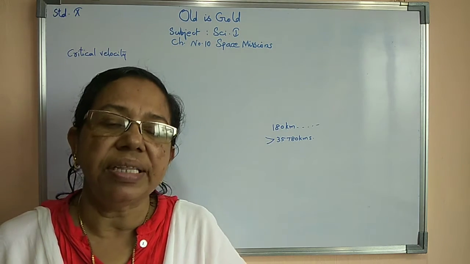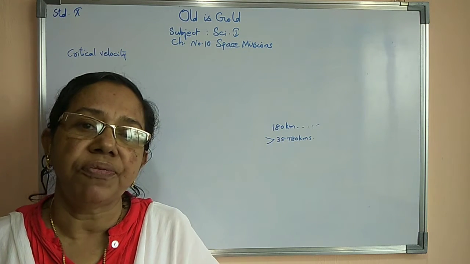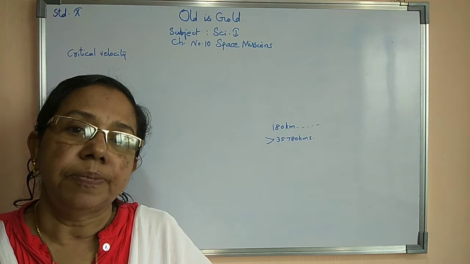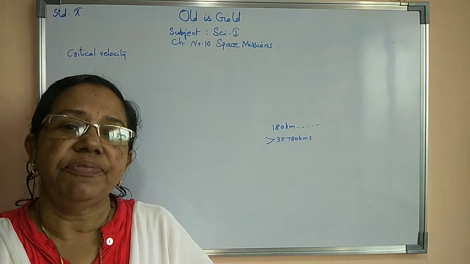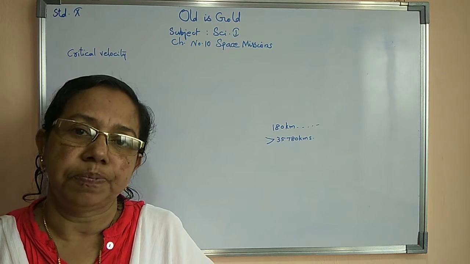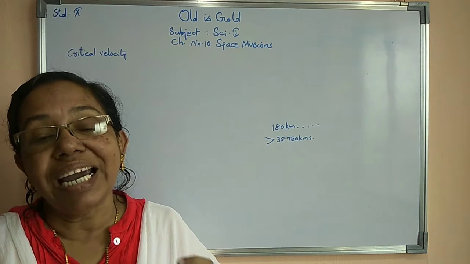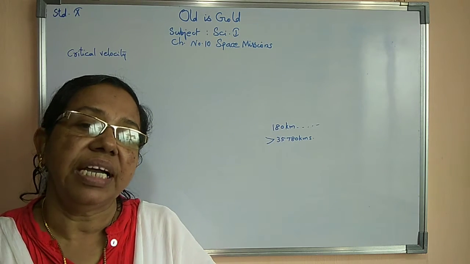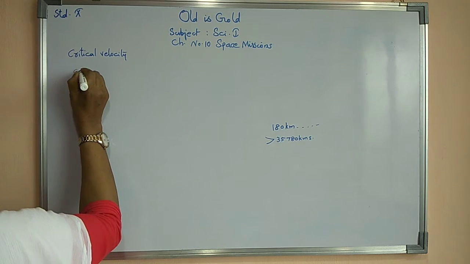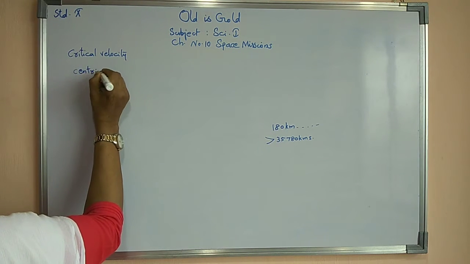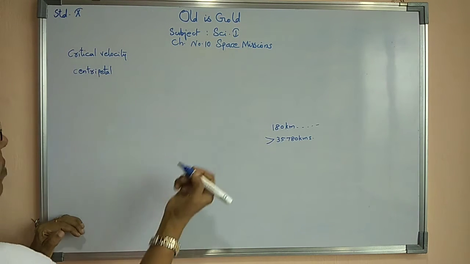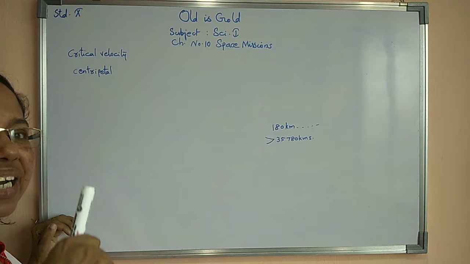For deriving that, we will take the help of the centripetal force exerted between the earth and the satellite, and the gravitational force between the earth and the satellite. We will relate those. So let us see now the centripetal force between the central part of the earth and the satellite.